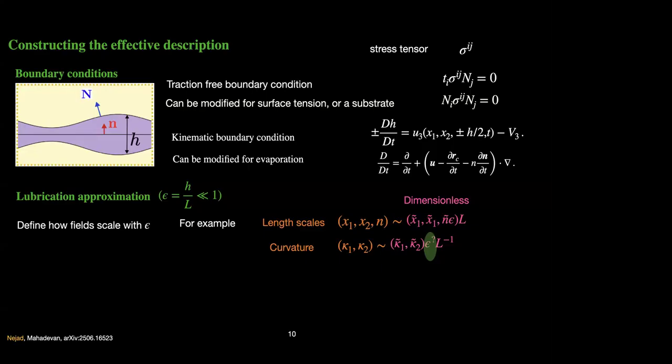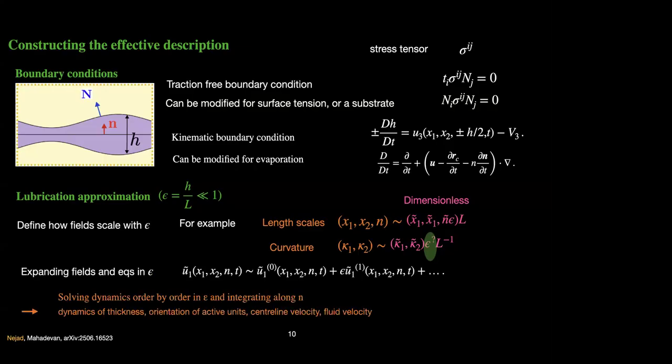And this assumption about the curvature would change the final equations that we get after following the steps. Then we need to expand everything as a function of epsilon, like all the velocities and all the other fields. And when we expand everything, we can solve the equations order by order, account for the boundary conditions, integrate the equations across the thickness, and build an effective theory for this thin layer.